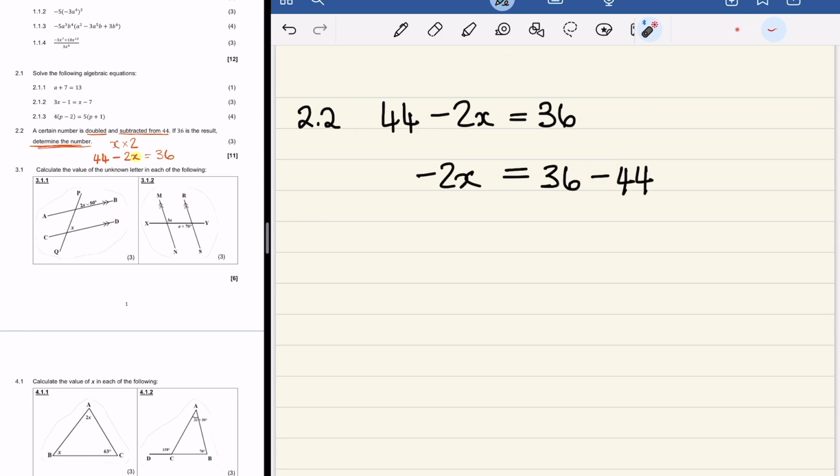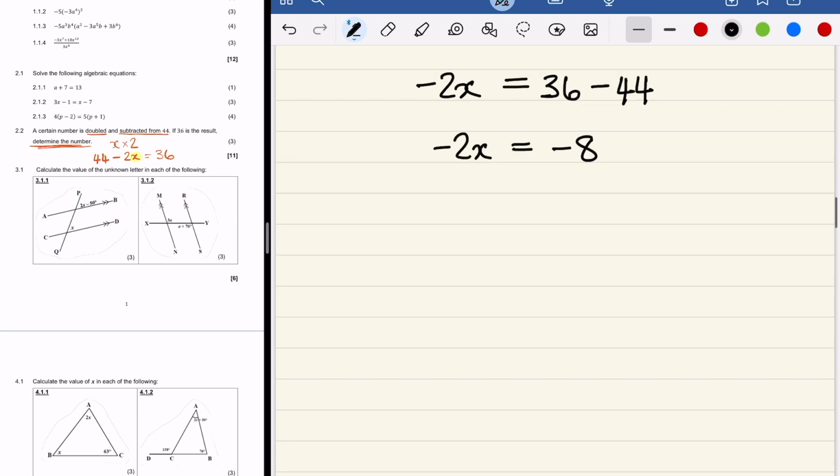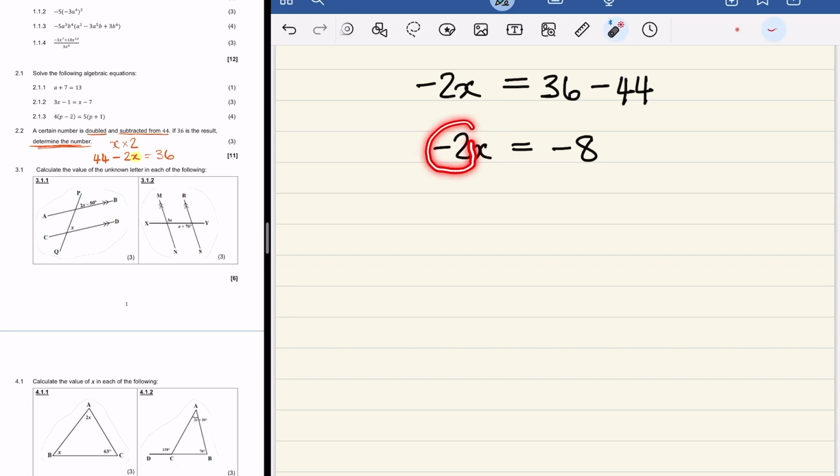Okay, so now everything is in the right place, and let's just quickly simplify this. So that's negative 2x. And 36 minus 44 gives us negative 8. Use your calculator if you are uncertain. Now, of course, we have this annoying coefficient here that we don't want there, but we do know how to deal with this now.